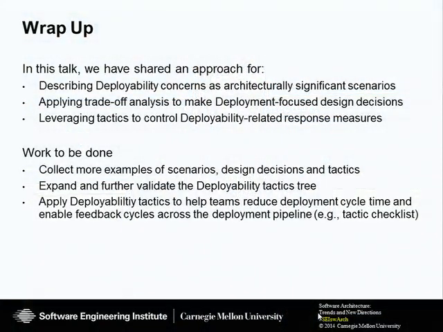So in this talk, as we wrap up, we've shared an approach for describing deployability concerns as architecturally significant scenarios. We've described how to apply trade-off analysis to make deployment-focused design decisions to support deployability. We've talked about leveraging tactics to help us control deployment-related response times, and what the relationship is between those quality attribute scenario measures and the tactics you're using, to make sure that you're keeping those cycle times going and you have a way to measure and make sure that you're staying within bounds.